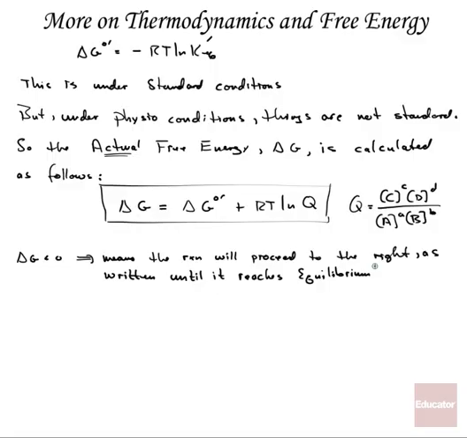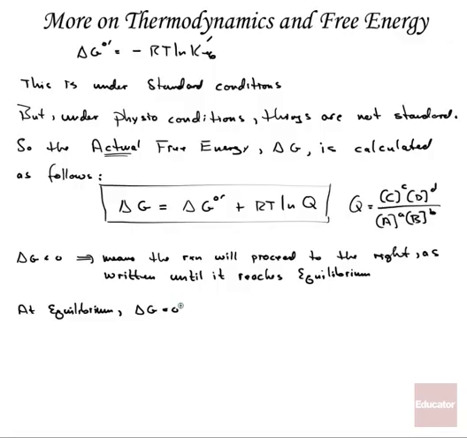In other words, it has no more free energy to release, so now the delta G is 0. So as a reaction moves forward, delta G changes and moves towards 0, until it reaches equilibrium. Now at equilibrium, the delta G actually equals 0. This is very, very important.